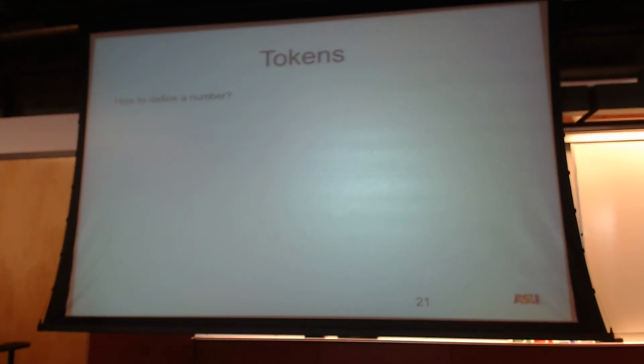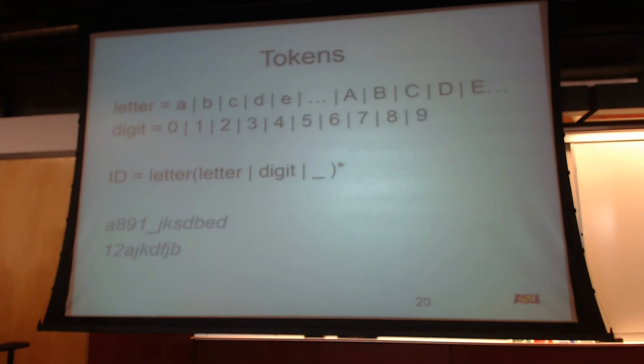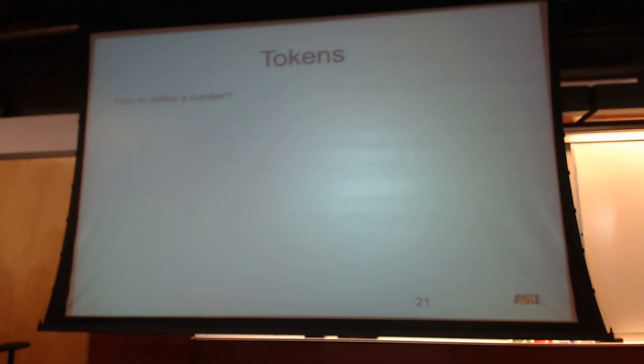Now the question is, how do we define a number? We have defined a digit, but we need to define a number like 23.66. How do we define that using regular expressions? If we just define number as digit star, will that work?